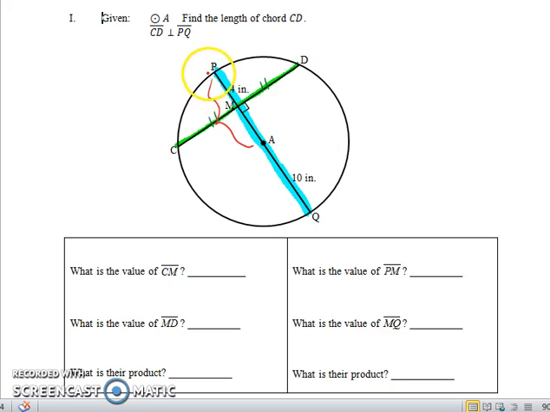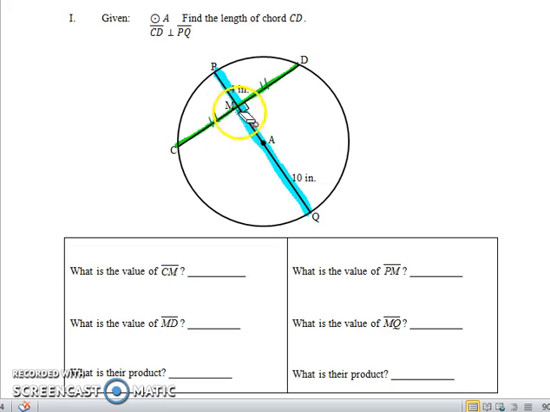Now it says here that from point P to the intersection point M, that is 4 inches. And if I know from point P to point A is 10 inches, then I can figure that from point M to point A, this will be 6 inches. Because together 4 plus 6 gives me a radius of length 10. So A to P is 10 and A to Q is 10. And similarly, any other radius in this circle would be 10.